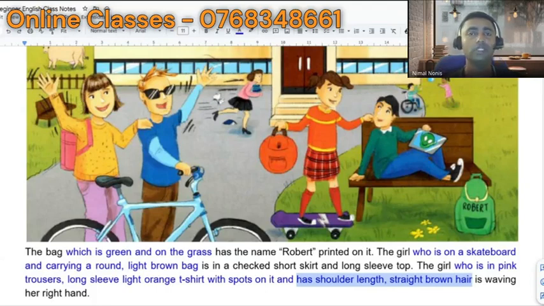Now you can see how I have given the description about this girl. Here I have described what she is wearing, and here I have described her hair. Those are the only two things I have described: one is what she is wearing and the other is about her hair.